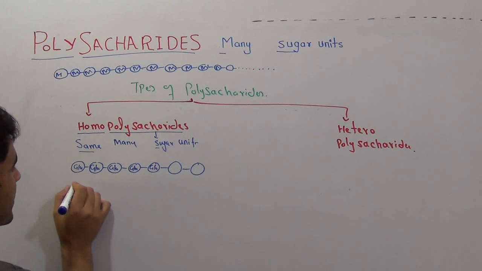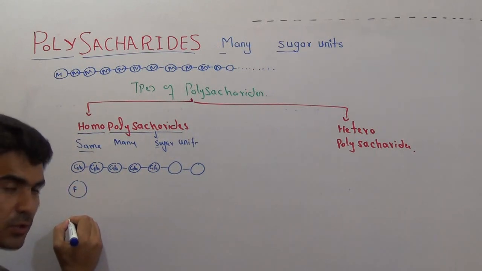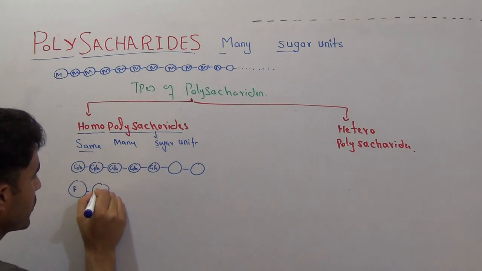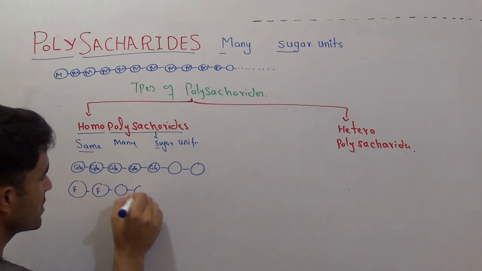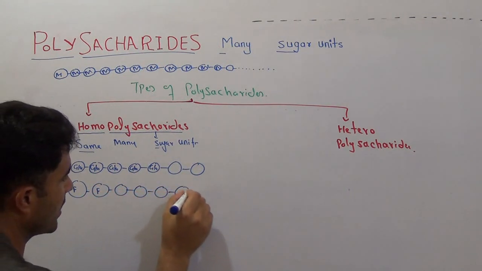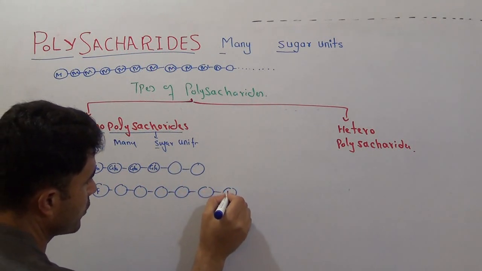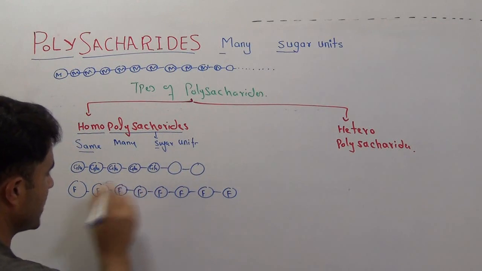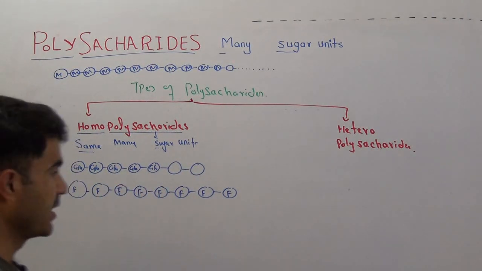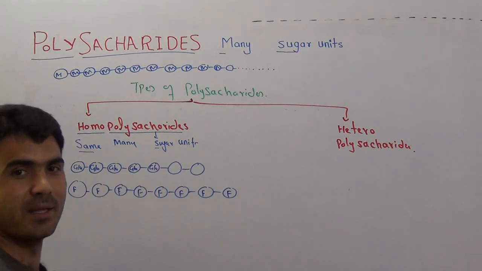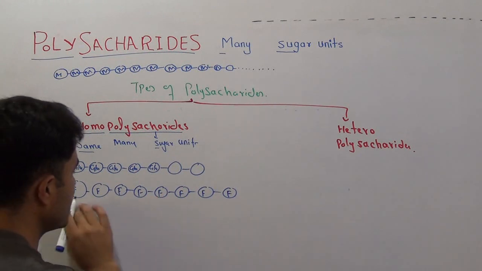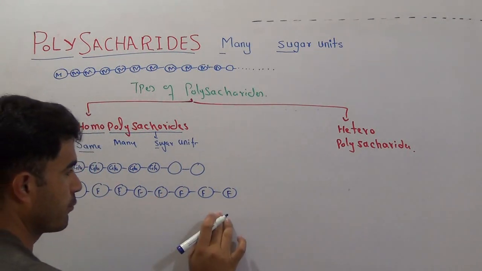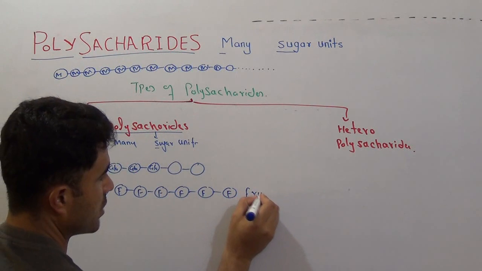Similarly, if one unit is fructose, the other unit is also fructose. All the units are made of fructose. So if all the units are fructose, this is again a homopolysaccharide because the units are similar. In this case, when all the units are fructose, we will call it fructosan.